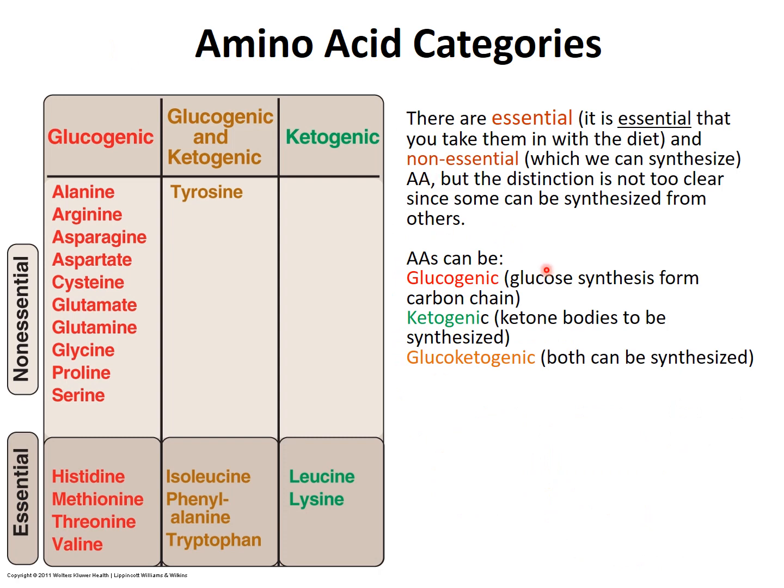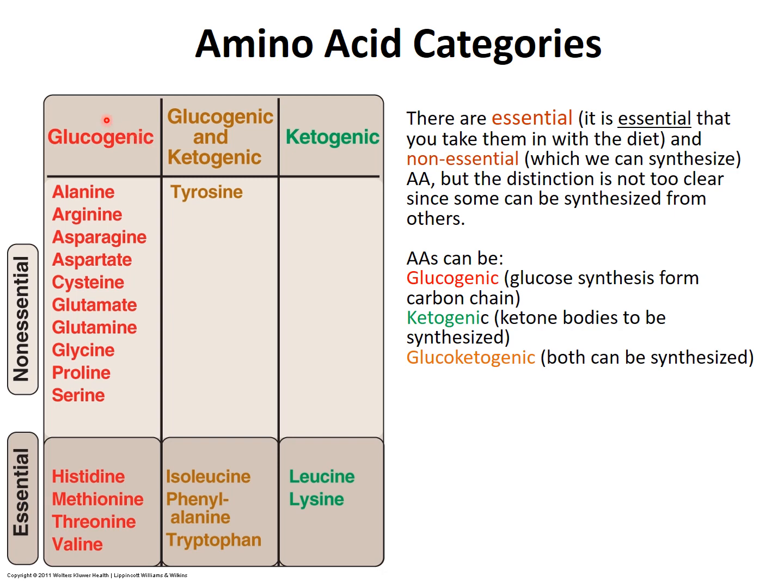Let me introduce the categories of the amino acids. You probably already know that, but let me remind you that we have non-essential and essential amino acids. Essential means that we cannot synthesize them, so we have to take them up with food. We have then glucogenic, ketogenic, and glucoketogenic amino acids, which tells you the fate of the amino acid.